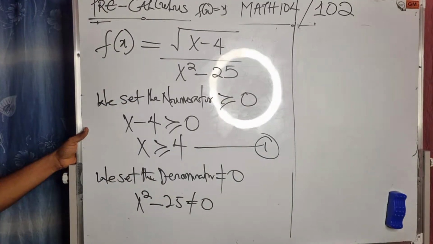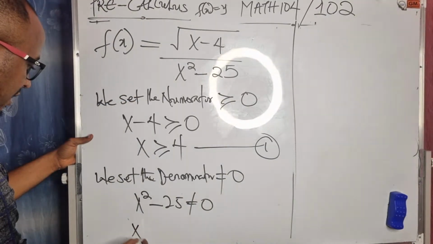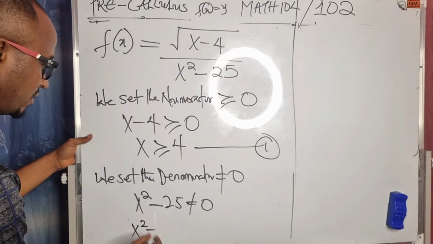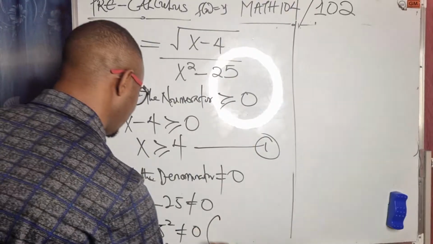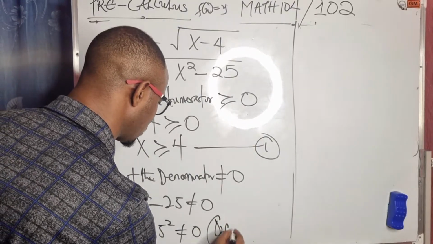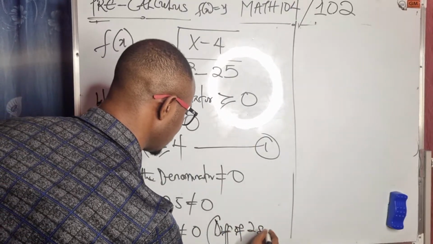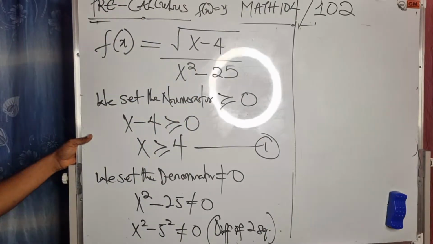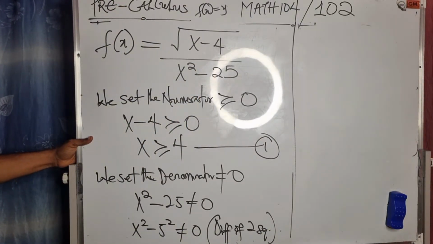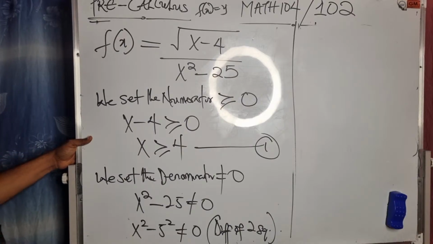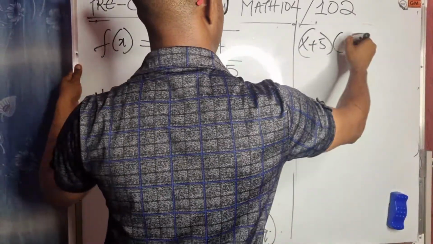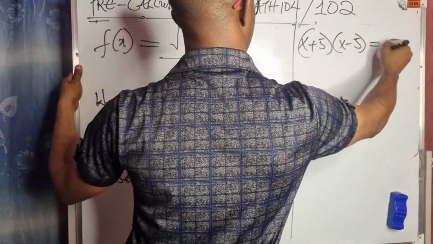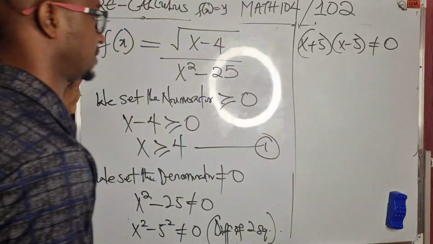From here, we're going to have x squared minus 5 squared not equal to 0. We factorize using the difference of two squares. This will give us x plus 5 and x minus 5 not equal to 0.